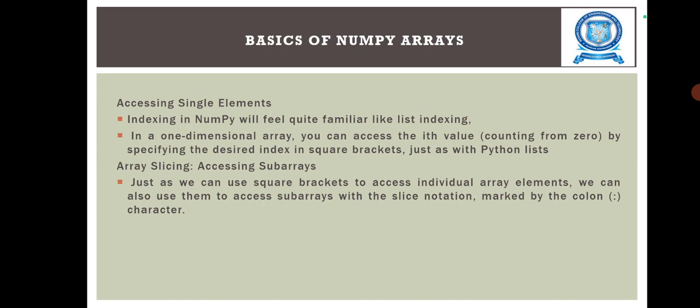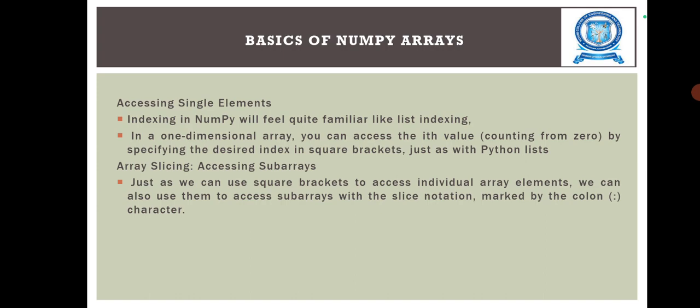In a multidimensional array, you access items using a comma-separated tuple of indices. Unlike Python lists, NumPy arrays have a fixed type. This means, for example, if you attempt to insert a floating point value into an integer array, the value will be silently truncated.